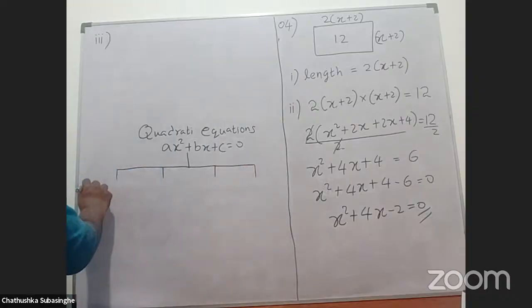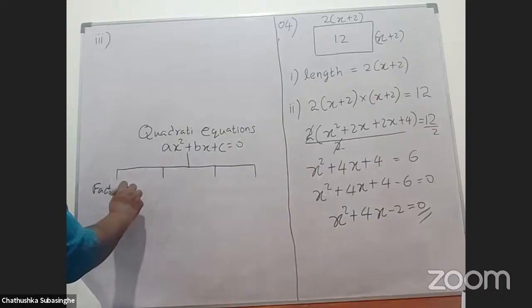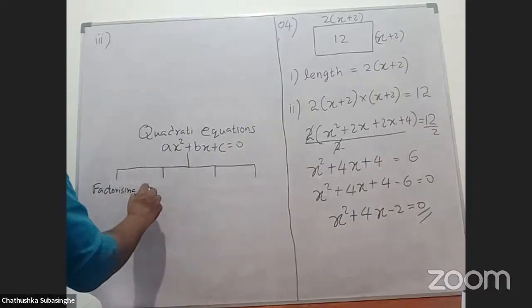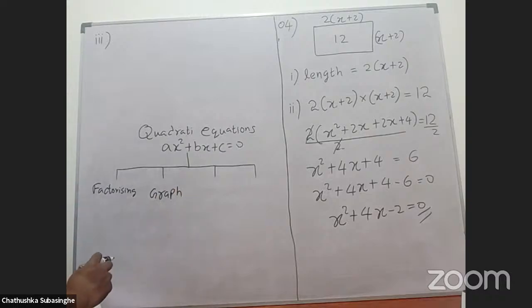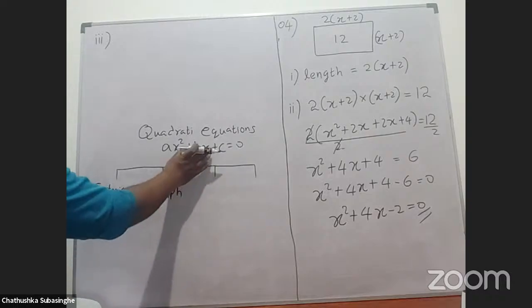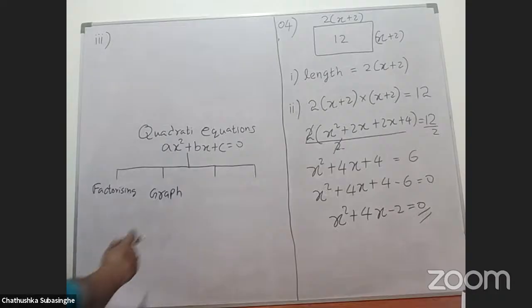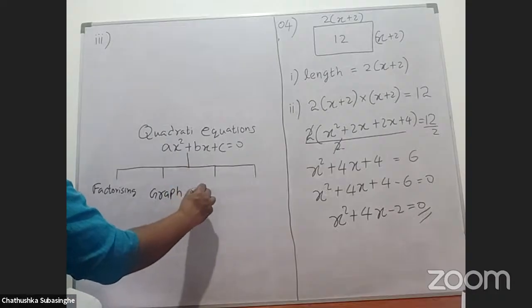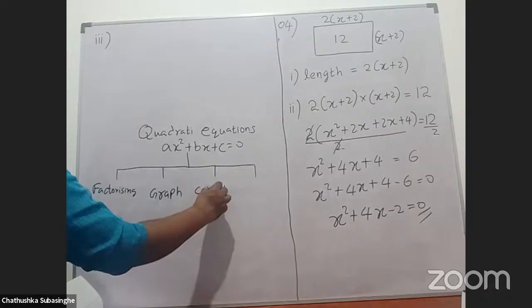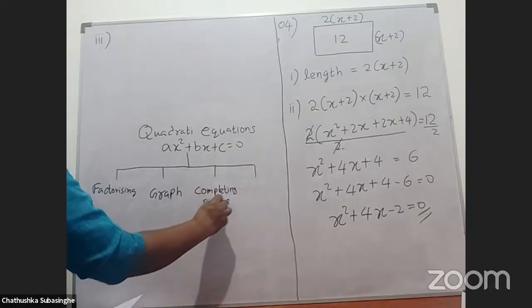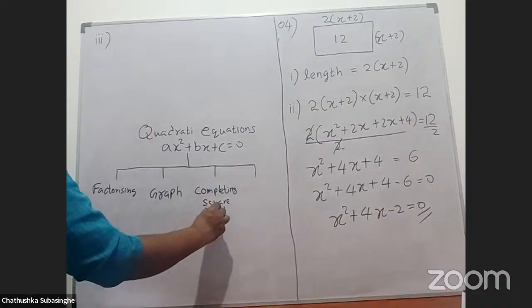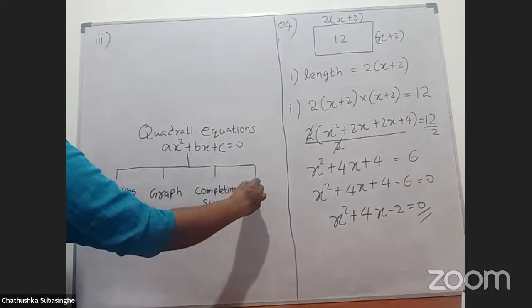First method is factorizing. This I have completed. Second one is the graph. In the graph, I taught you how to find the roots. By finding the roots, we can find the solutions. Then the third method is the completing square method, which we are going to learn now. And then we have the formula method.